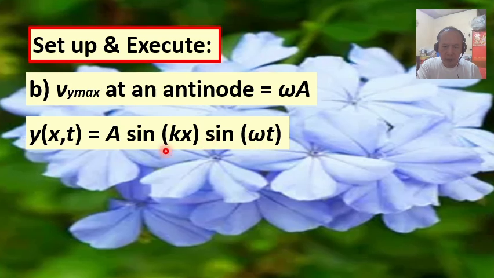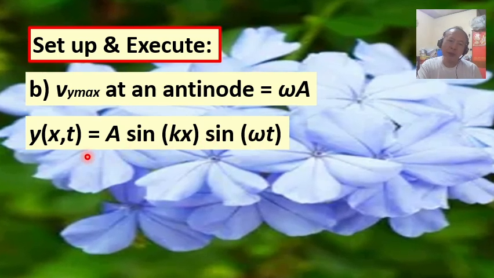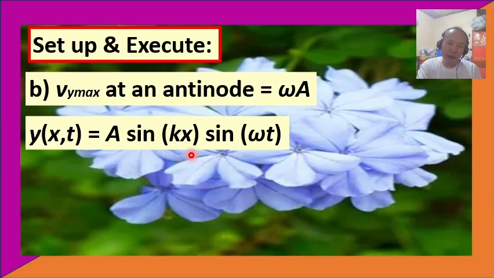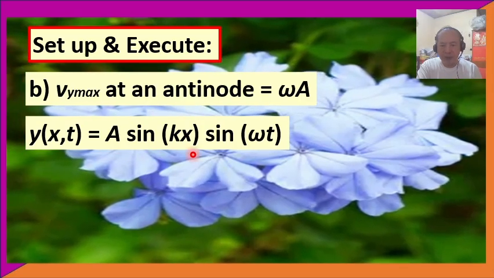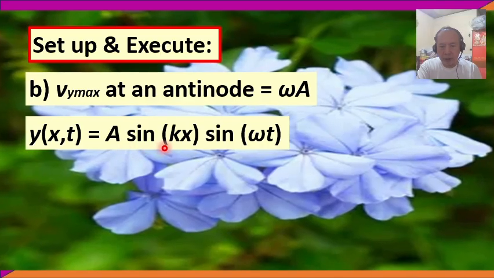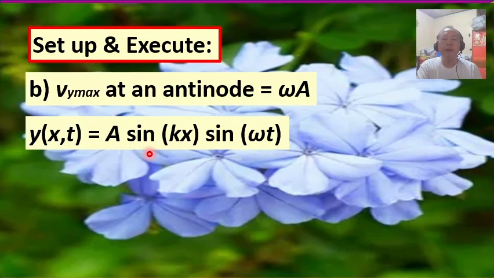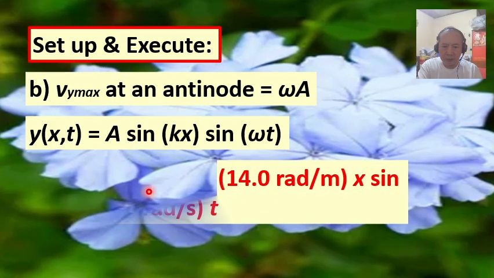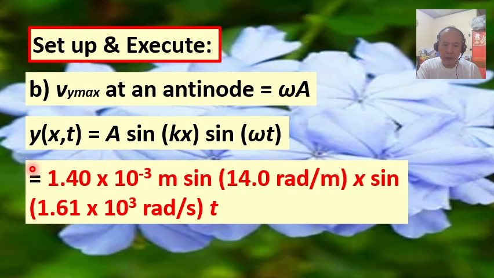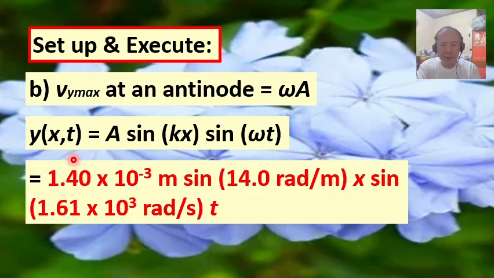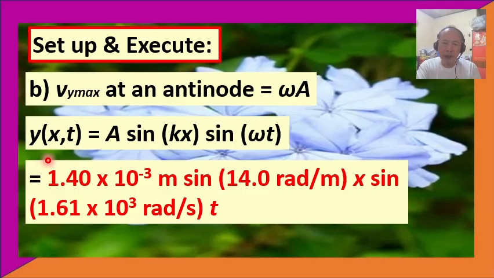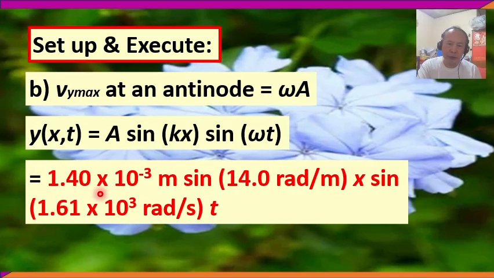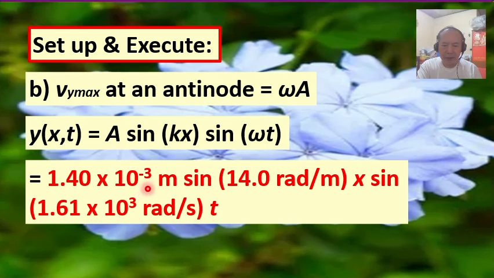So we can express this displacement function equation, if you substitute the given quantities, that is the displacement y with respect to x and t is equal to 1.40 times 10 raised to the negative 3 meters.